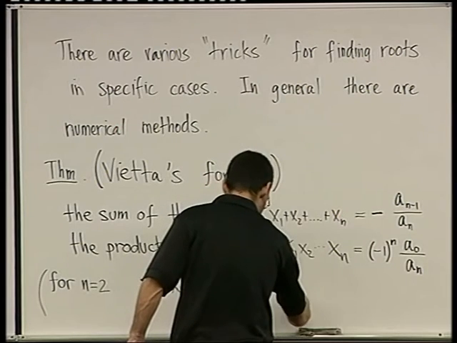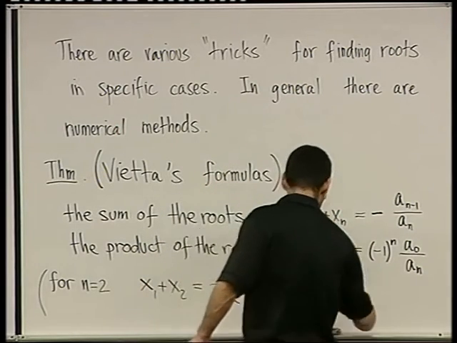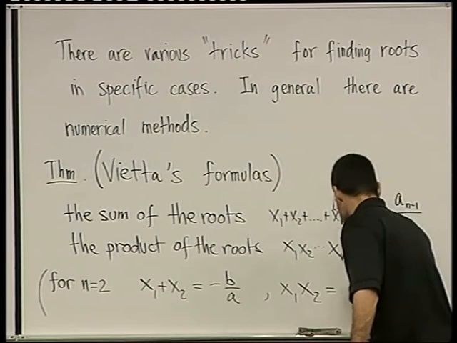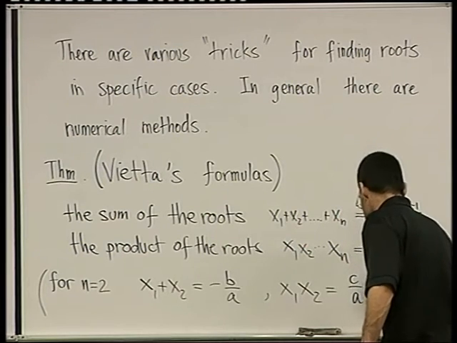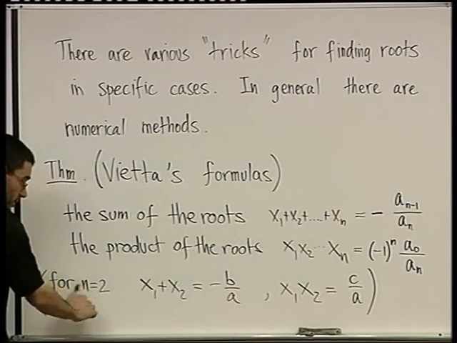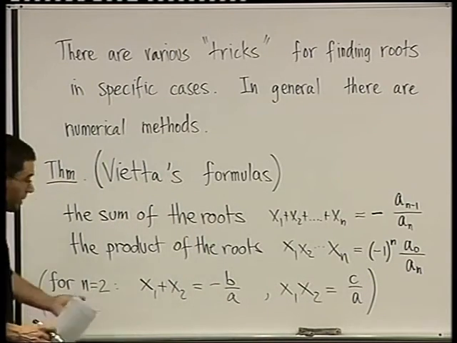And x1 times x2 is, n is 2, so this becomes a 1, and a0 is c, the free coefficient, divided by a.